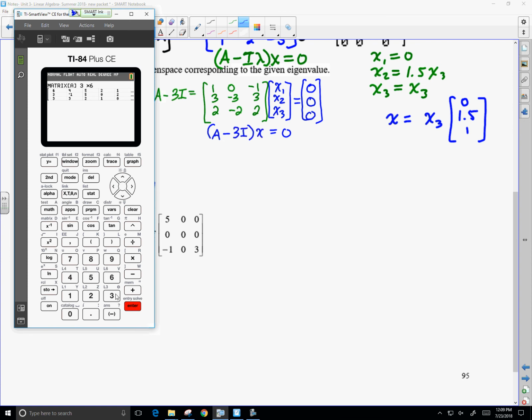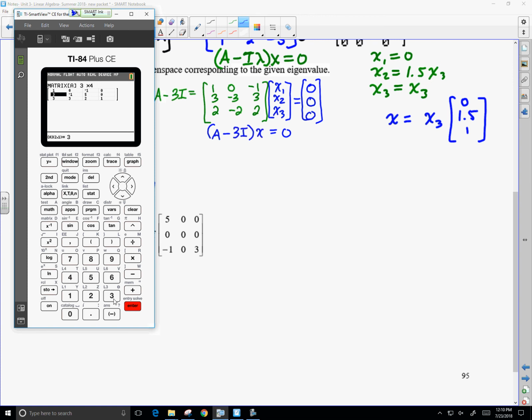3 by 4 is what it would be. Although this one actually is not.